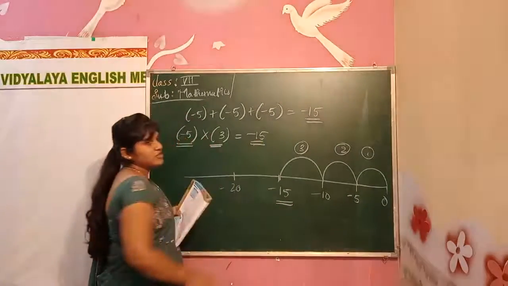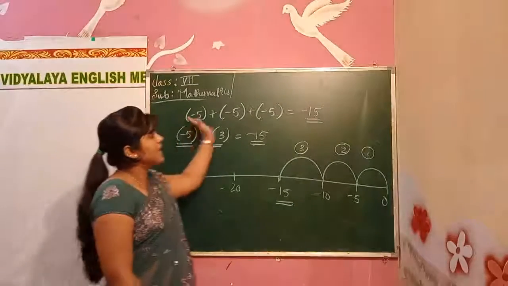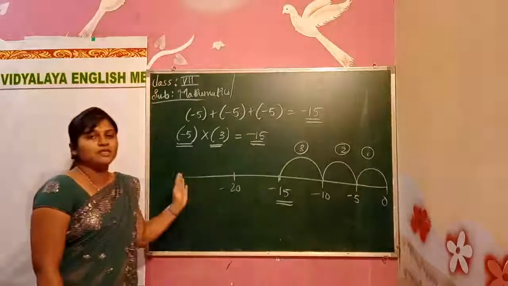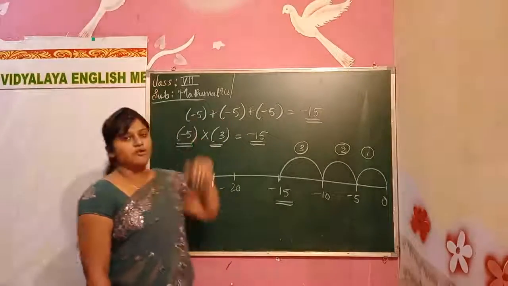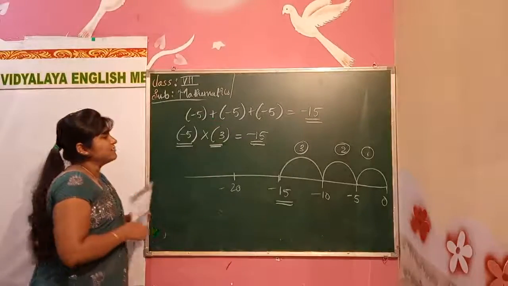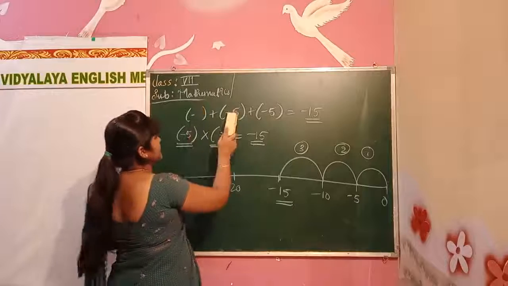Here we have minus 15 only. But what we are doing here? Just we are making it in the addition format. We are using the multiplication only, but we are doing that in the addition format. Like that. One more example I will give. We'll take 2 here.